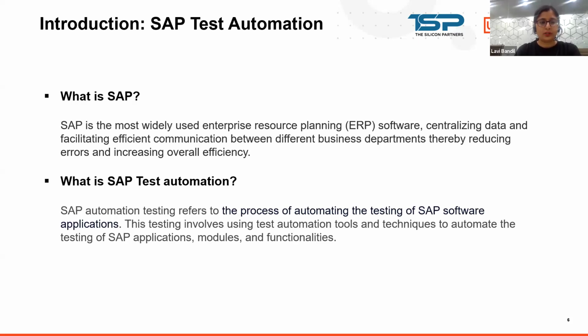Going forward to what SAP test automation is. For SAP test automation, you must know what test automation is, which I'm going to explain in the further slides. To give you a simple, short definition: you can automate any part of SAP.